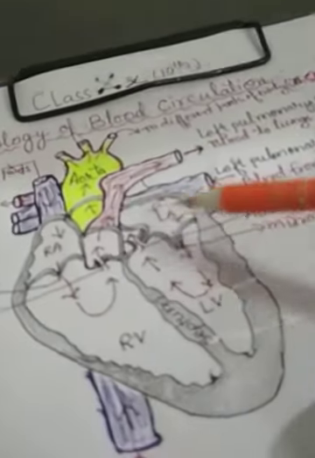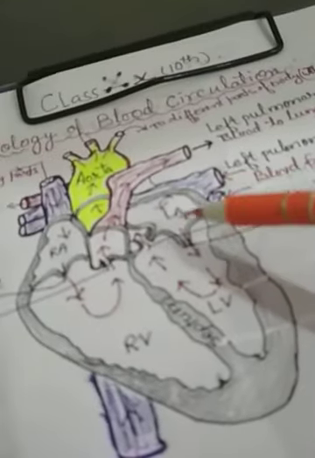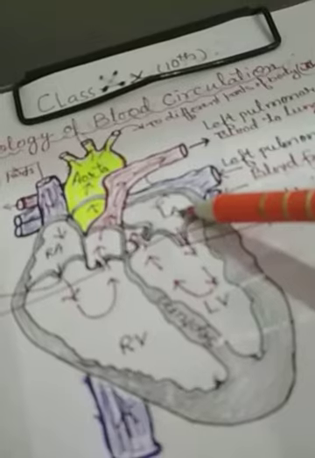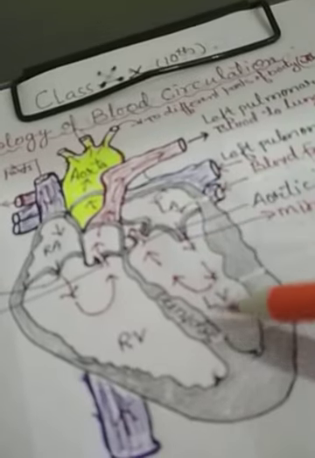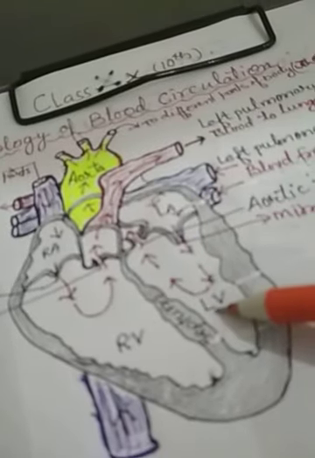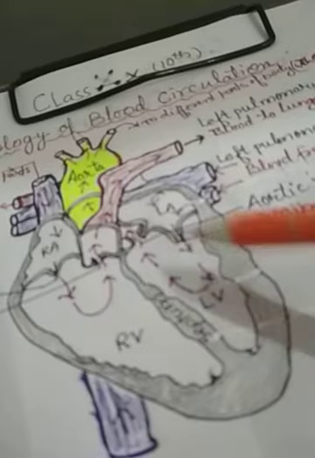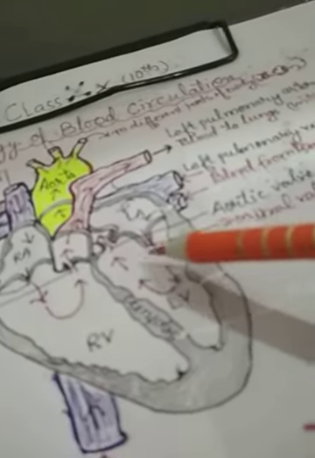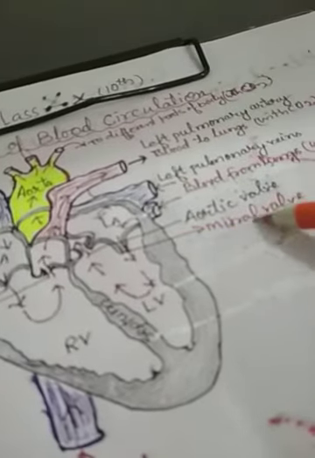Okay, now come to the next chambers. The left side chambers are the left atrium, LA, and the left ventricle, LV. This LA and LV are connected by a valve called the mitral valve.